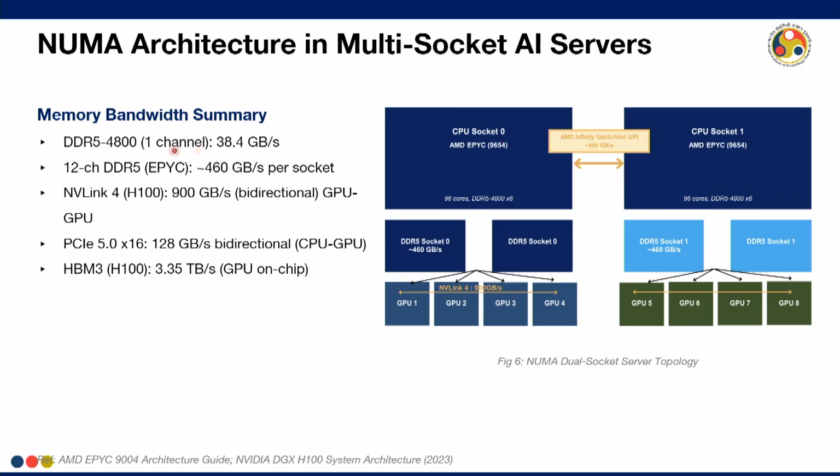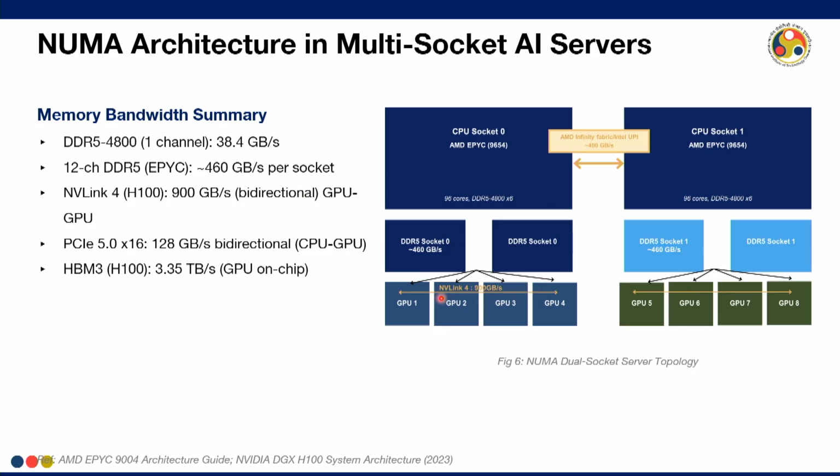So in summary, DDR5 will give you around a few Gbps. Now if you increase the channels in the DDR5, this is per channel. So EPYC system uses a 12-channel DDR5 system, which attains 460 Gbps per socket, and then you have this NVLink 4 in the H100, which is a bidirectional GPU to GPU connection. So this is exactly what I was showing.